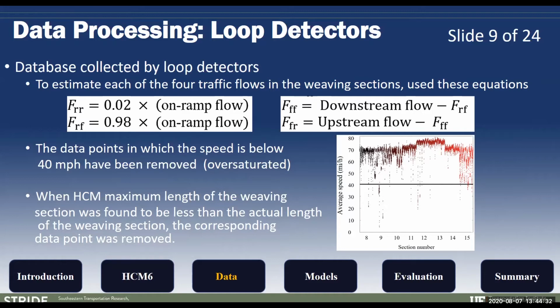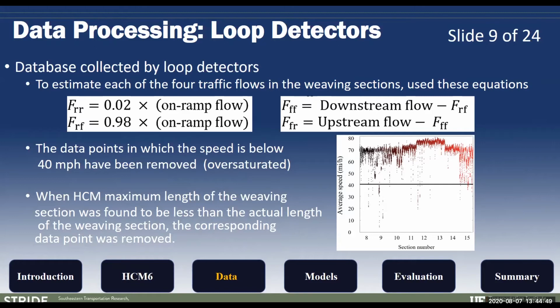One thing that is important when we do HCM analysis on a segment level is to limit the data to undersaturated condition. I'm again showing an example here of the speed versus the different sites.